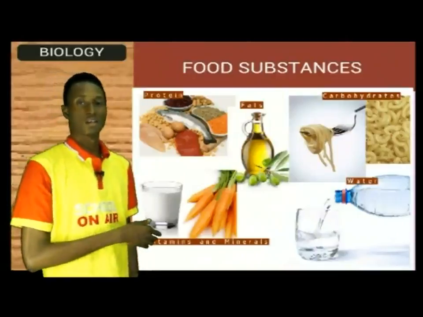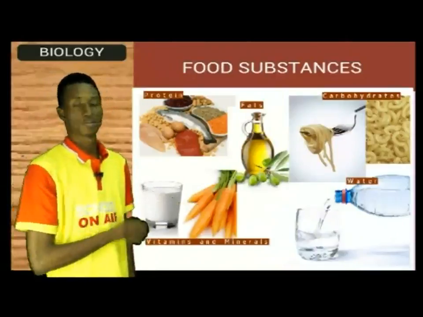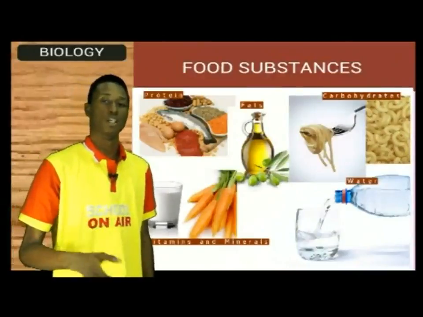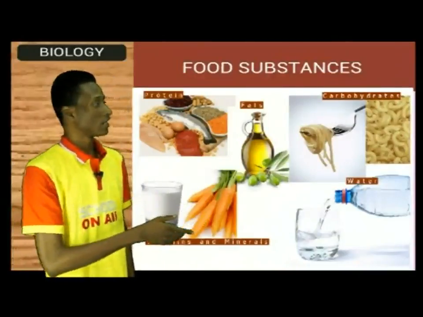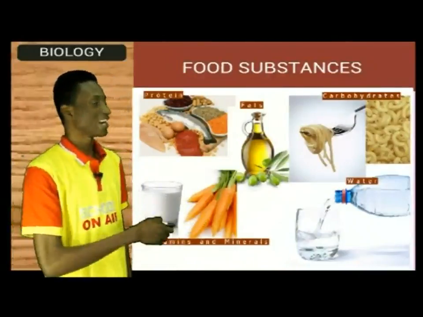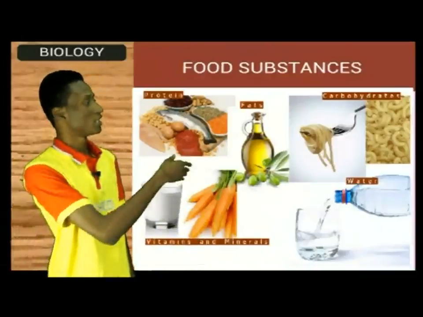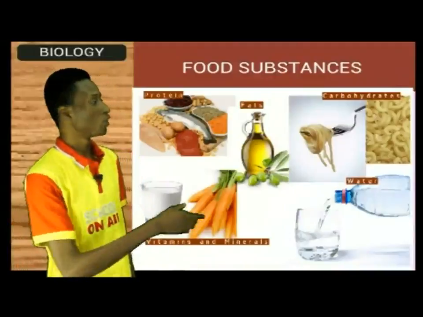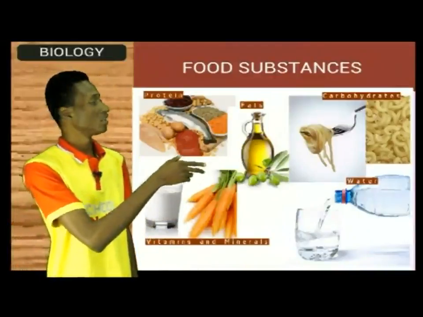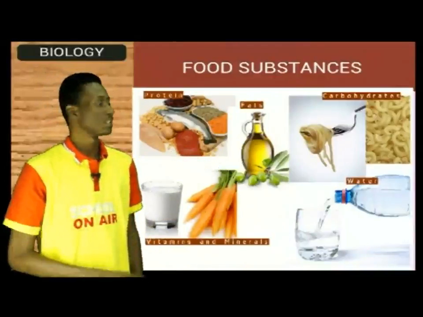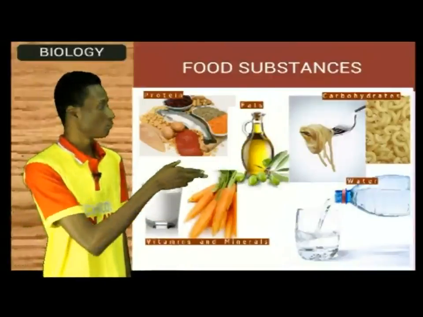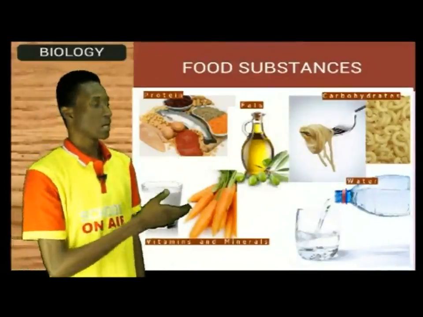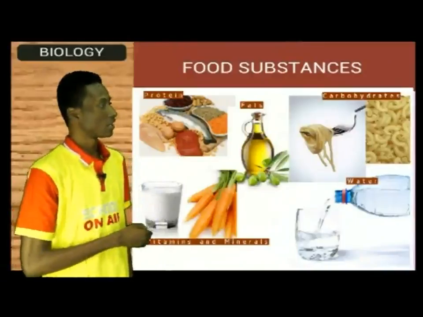And water, which is the last aspect of our food substances, is also very essential when we talk about nutrition in animals. Water helps us hydrate our body and helps in digestion. So if we take all these foods without counting water as a type of food, we will not completely have the necessary nutrients and the necessary metabolic activities to break down our food and absorb it as energy at the end of digestion.